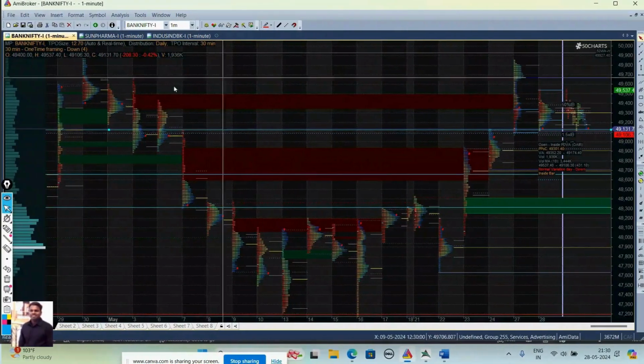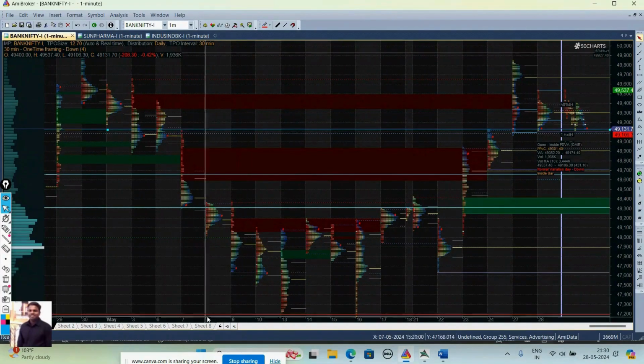So come to the market. This is Bank Nifty. Bank Nifty had a big fall this month, on May 7th. Once the distribution profile happens, you have to check the closing price. This button is the closing price.